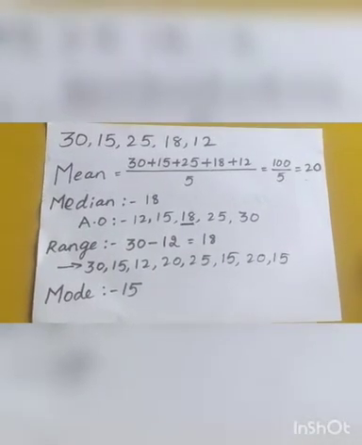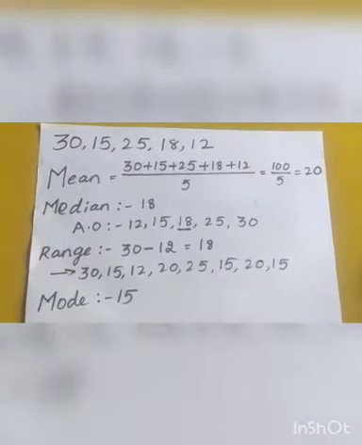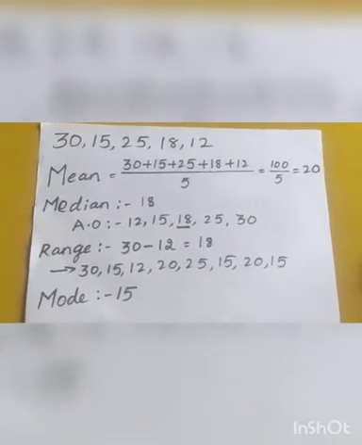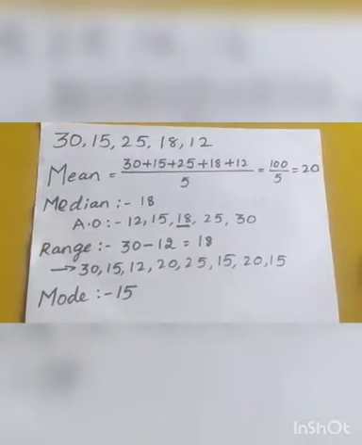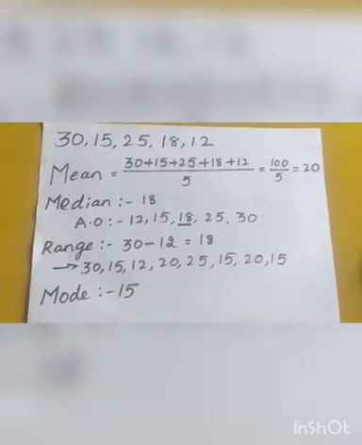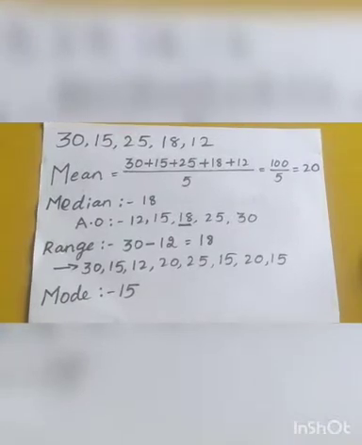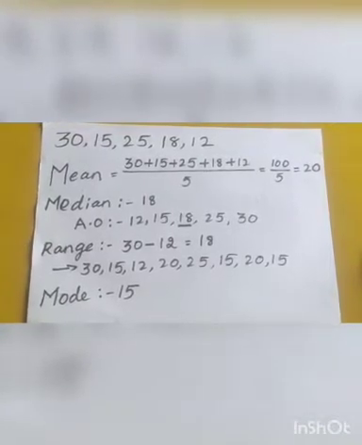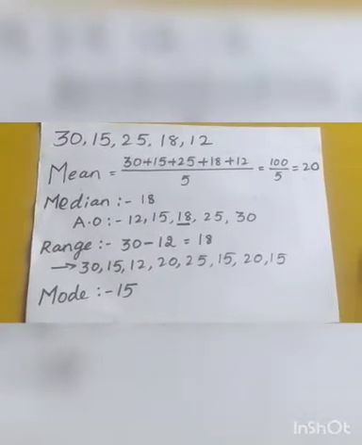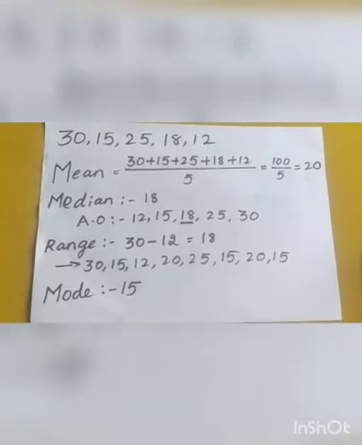So the sum is 30 plus 15 plus 25 plus 18 plus 12, divided by the number of observations. How many observations are there? 5 observations. So it is divided by 5. That is 100 by 5. When divided, you get the answer 20.